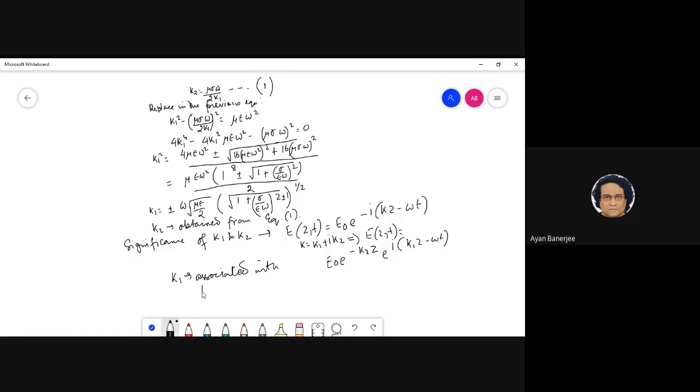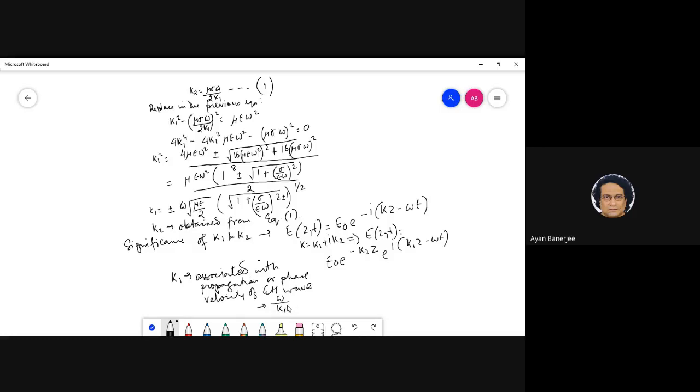Propagation, right? With propagation or the phase velocity of the EM wave, and essentially that is omega by K1.